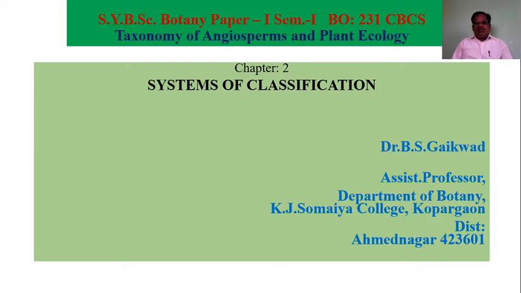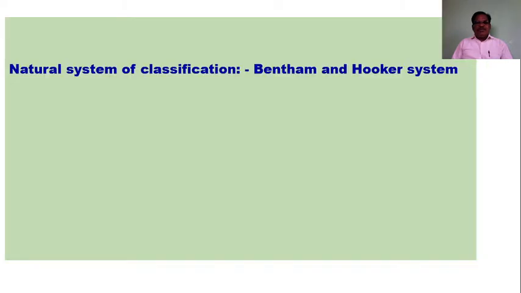Due to the origin and use of this system, the older systems were rejected, and this system was accepted by various scientists. Hence this system is very important from the practical as well as the theory point of view. So the natural system of classification, as I told you, was proposed by George Bentham and J.D. Hooker.